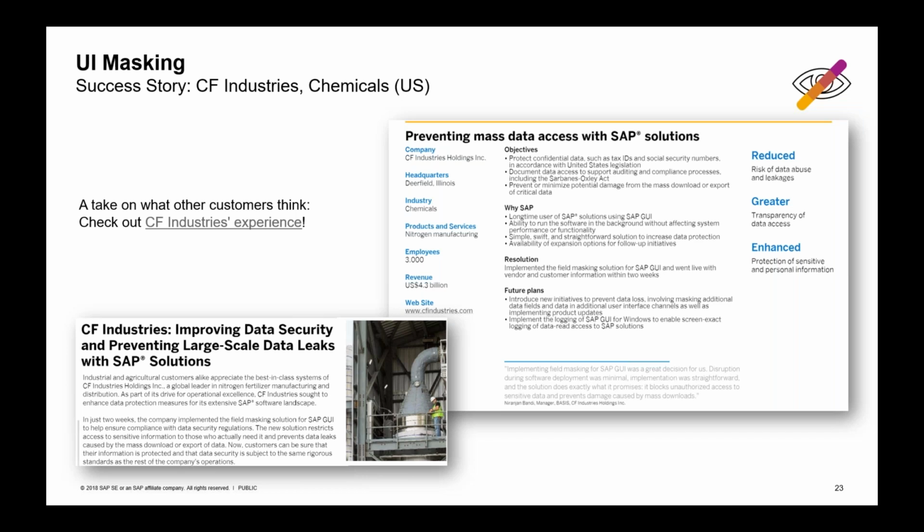Specific columns, that is fields in the table, a field basically being repeated in each row. So the complete column is protected by masking. And that is something they brought about as a matter of a couple of days. We're still in contact with them sometimes, and we've just heard that they are now intending to take it a step further, 2 years running, and intend to also protect specific business transactions with UI masking.